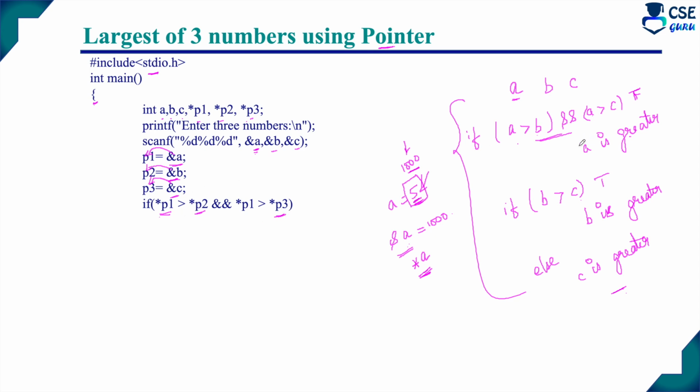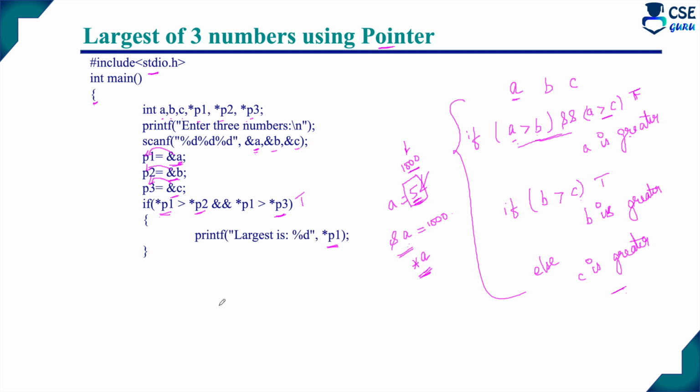See here, we used A greater than B and A greater than C. Instead of A we have used star P1, instead of B star P2, and instead of C star P3. If this condition evaluates to true, what is the meaning? A is greater, that is the meaning. So printf largest is star P1. Star P1 means the value stored in A will be printed as the largest.